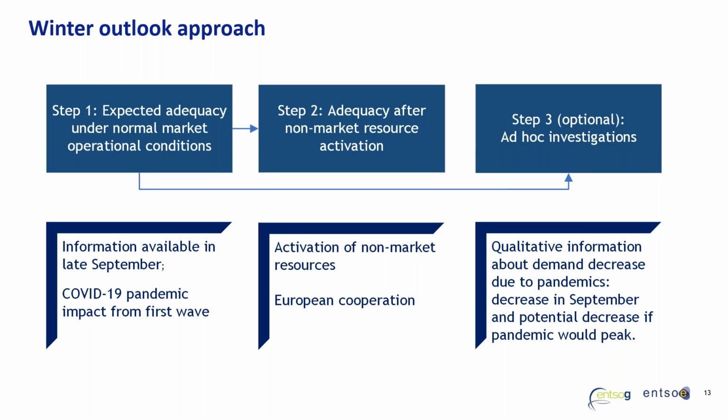However, before moving to step three, I would like to stress that in step two, we only consider the non-market resources, meaning any generation or demand side response resources which TSOs can activate. However, these non-market resources do not include measures which TSOs could take in real time as emergency actions.